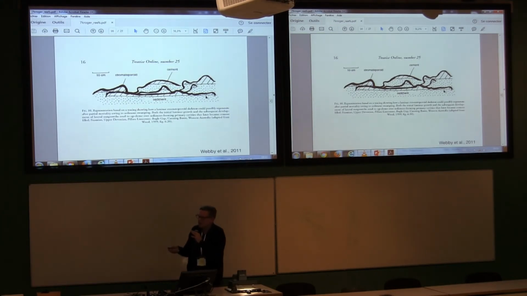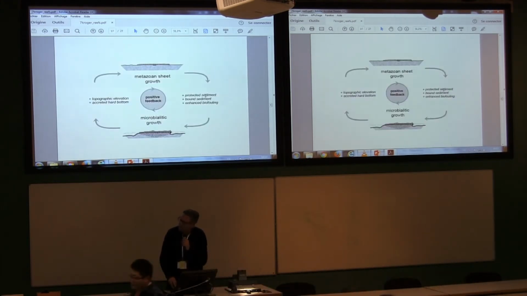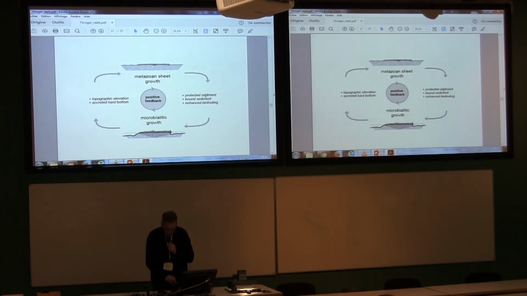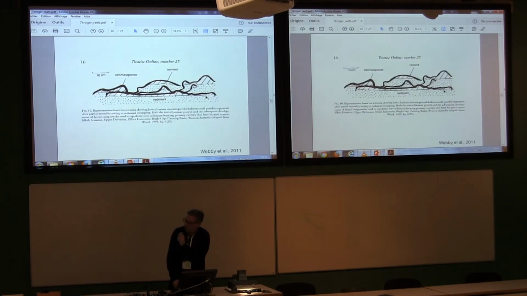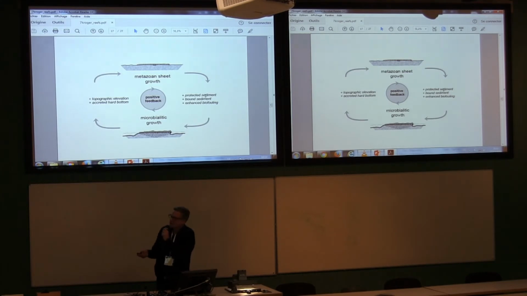And this type of growth he called ambitopic. And what type of organisms? Oh no, when we play with this a little bit and think about it, we can see this ambitopic growth as a positive feedback mechanism by which these reefs are formed.